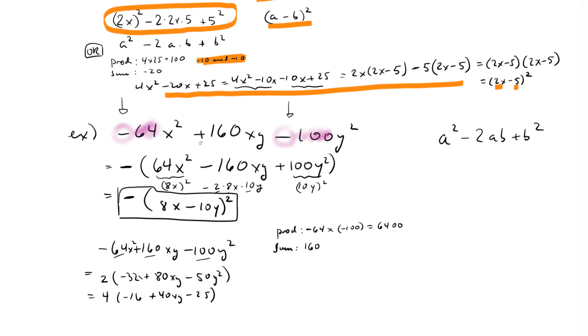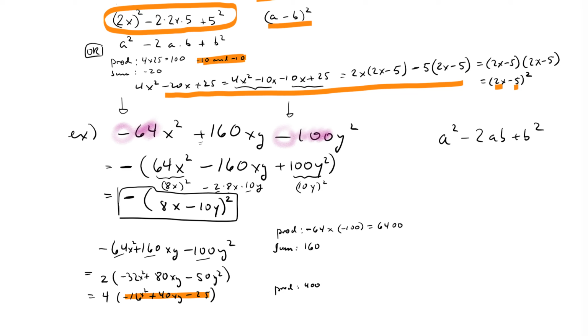If I forgot my x squared. So working with this instead, I could try to factor that, but I'm still working with pretty big numbers. See, product of minus 16 times 25, right? That's 400. Is it 16 times 25?